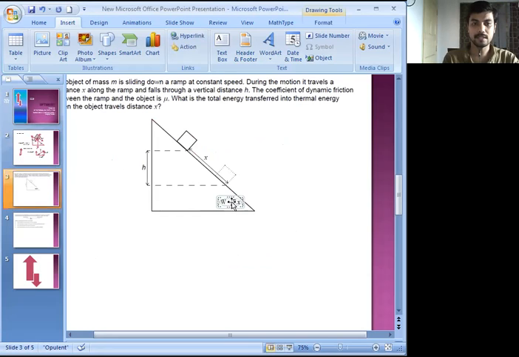So the work done against friction in this case would be this.